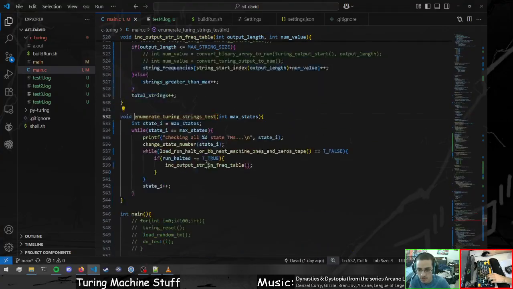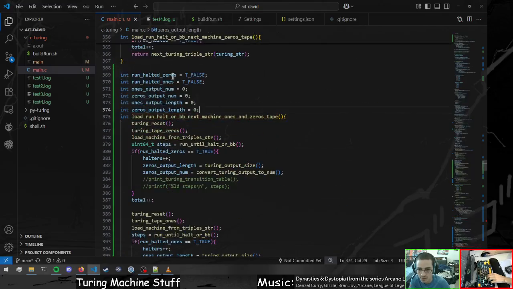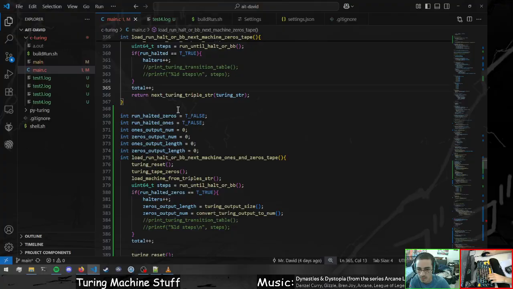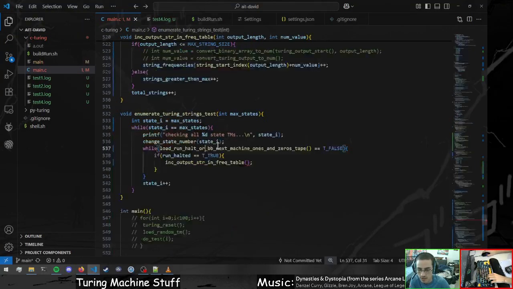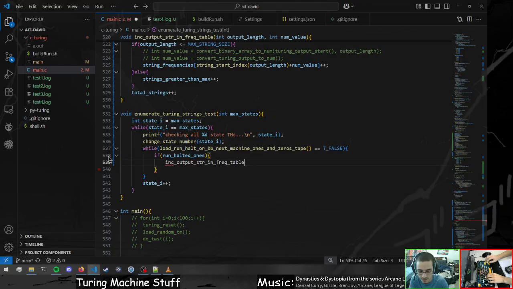Alright, let's go back here. I think I also have to keep track of halted if they halted. So there's another. Oh yeah, I did. I put that here. Run halted, zeros, ones. All right. So here we go. Let's do this. So if run halted ones, we do that.